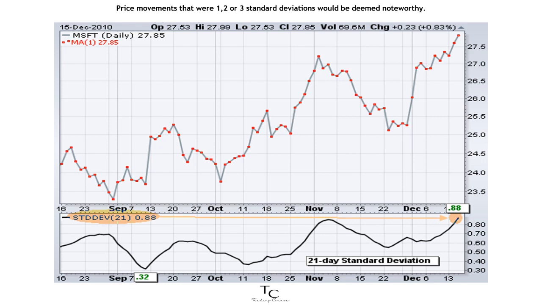Price movements that were 1, 2 or 3 standard deviations would be deemed noteworthy.